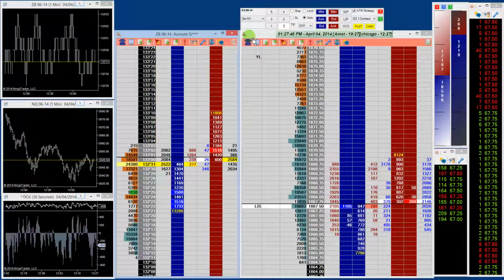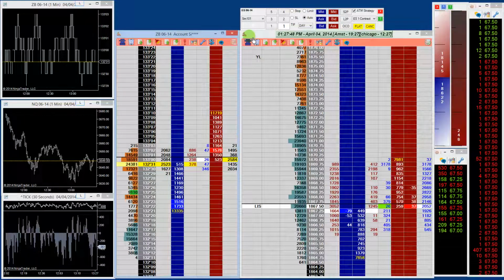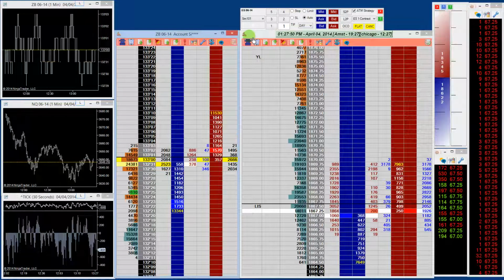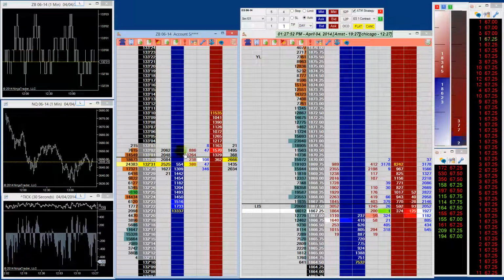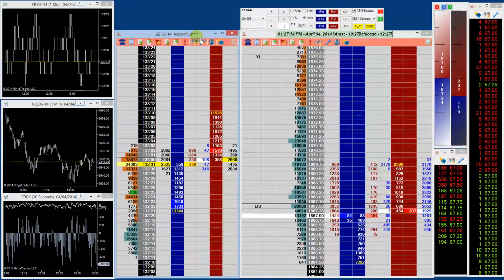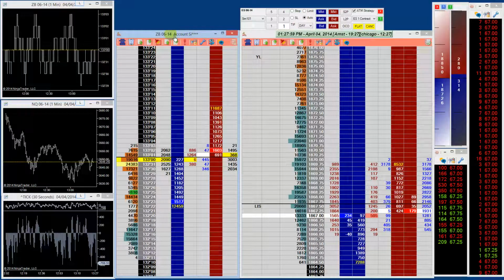Now, one of the good things about seeing an inversely correlated market, especially with the 30-year Treasury, is that in this case it's a slower market.